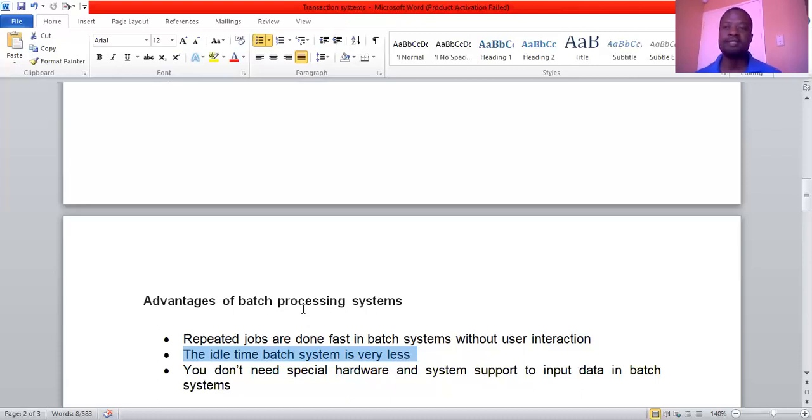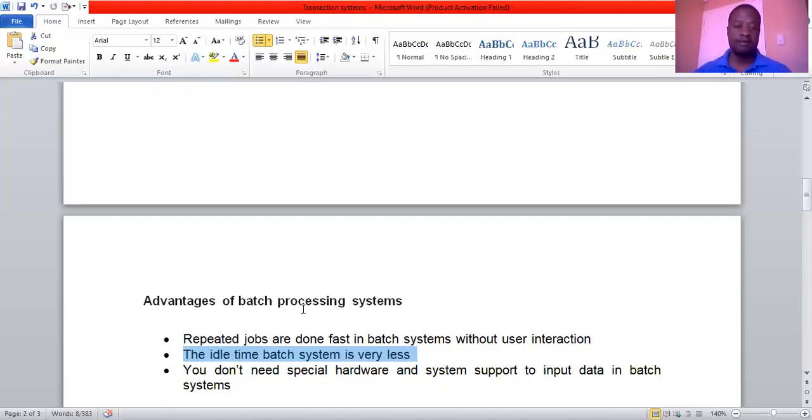It's not always that the system is running. Sometimes it's idle while the batches or data are being collected, for them to be processed at once at the end of a defined period of time, maybe after a day, a week, or a month.